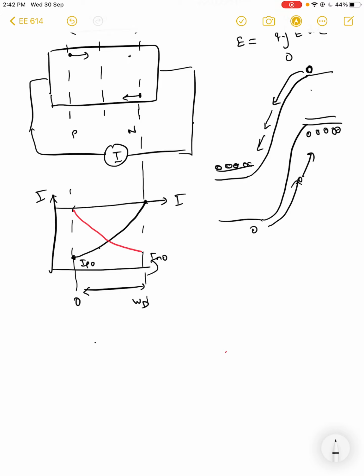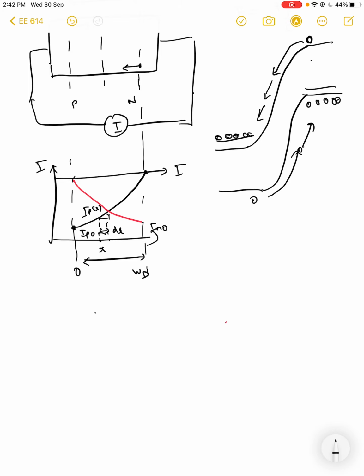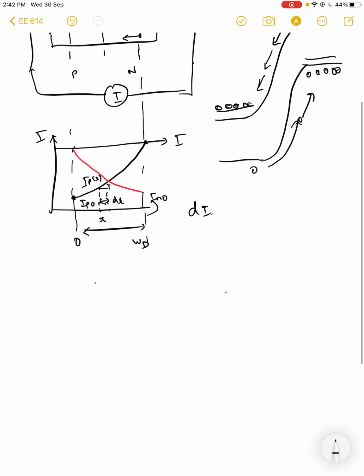Let us take any point X within the depletion width, where the hole current is IP of X. For a small change in position dx, the increase in this current is dIP of X, which is the current IP, the number of holes injected from the electron side, times alpha P, the ionization capability of the holes, times dx.